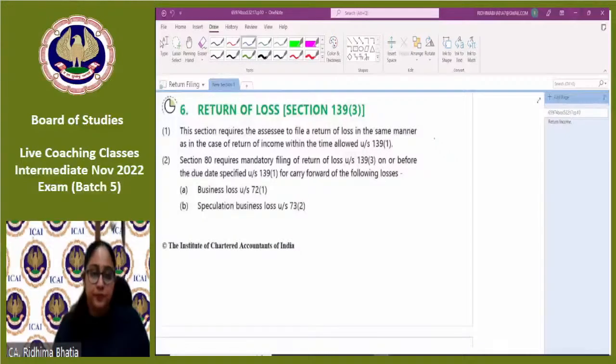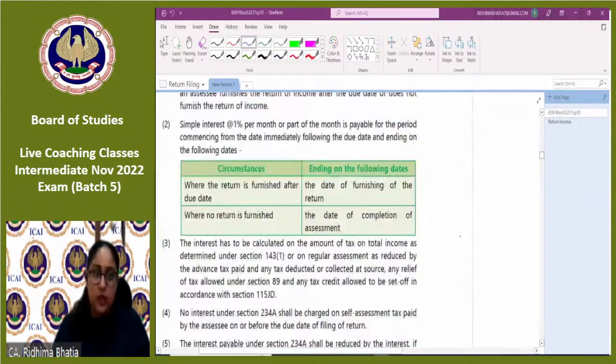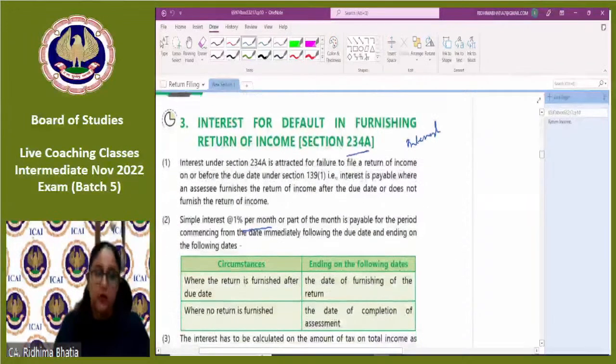What will happen? There would be repercussions of 234A and 234F. What is 234A? 234A simply says that you have to pay interest at the rate of 1% per month or part of the month, beginning from the period when the due date expires till the time you actually file the return of income.